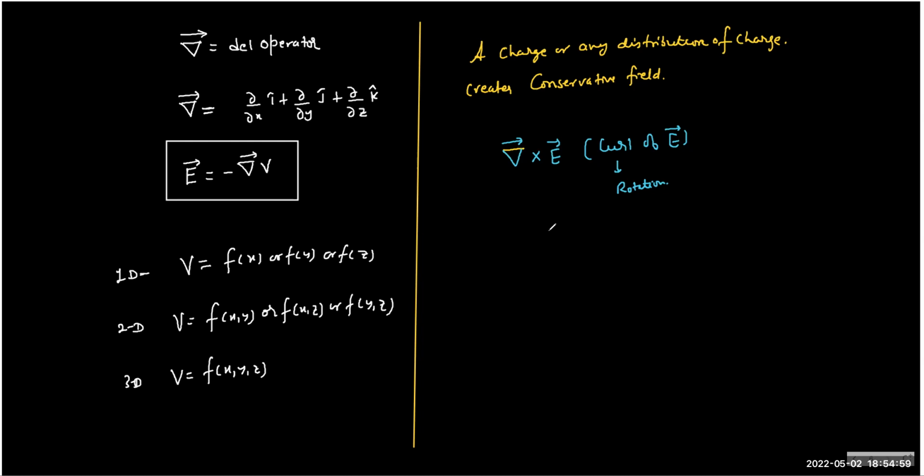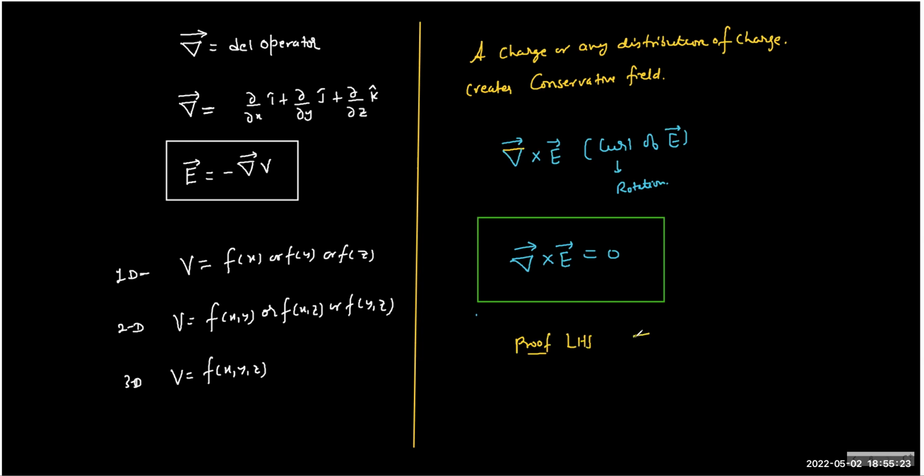So for any conservative field, the rule is simple. For a conservative field, the curl of the vector is always zero. You can prove it easily. The proof is simple.